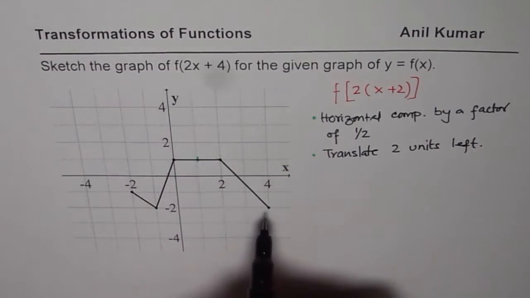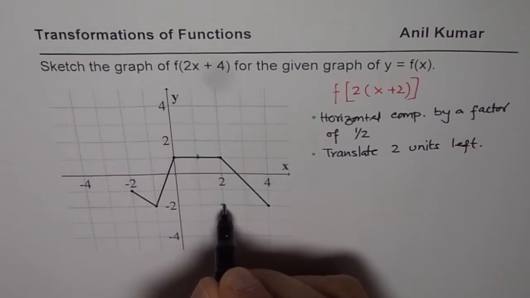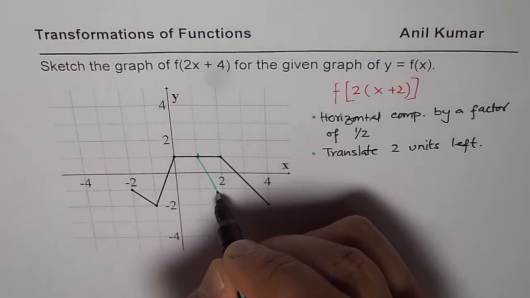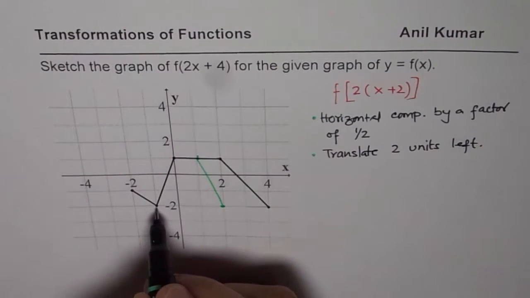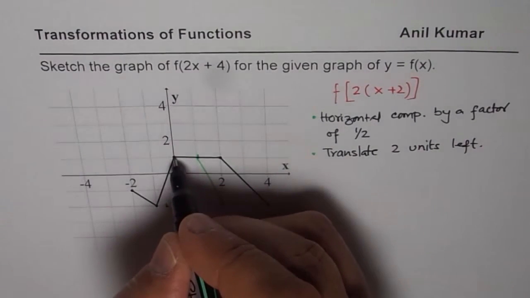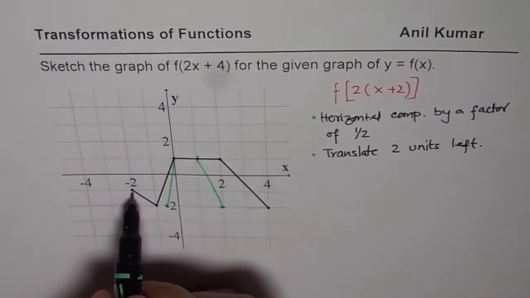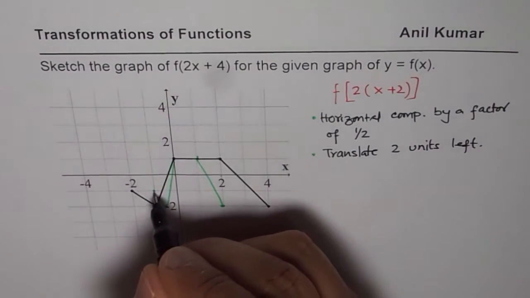Now here we have a point at 4, and half of 4 is 2, so this point moves to position 2. So what we get here is a graph which looks like this, right? On the left side, half of minus 1 is minus half. So this will be horizontally compressed, and the endpoint at minus 2 will come to minus 1.